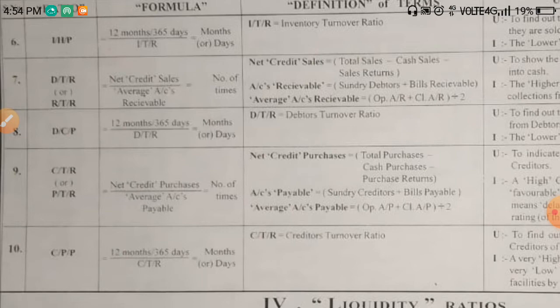Then you will get the result in days. If it is less than 12, that is 10, 9 or 6 like that, then 12 divided by inventory turnover ratio, and you will get it in months. That is the inventory holding period.